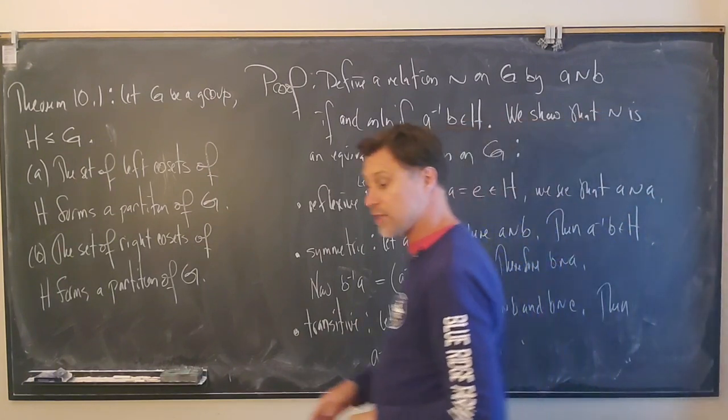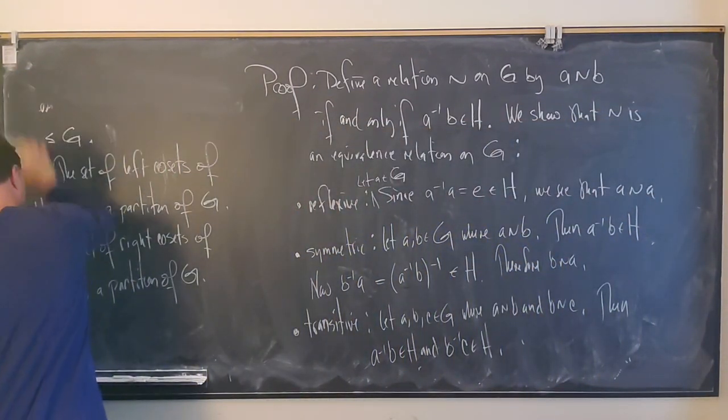Once again, since H is a subgroup, it's closed under multiplication.